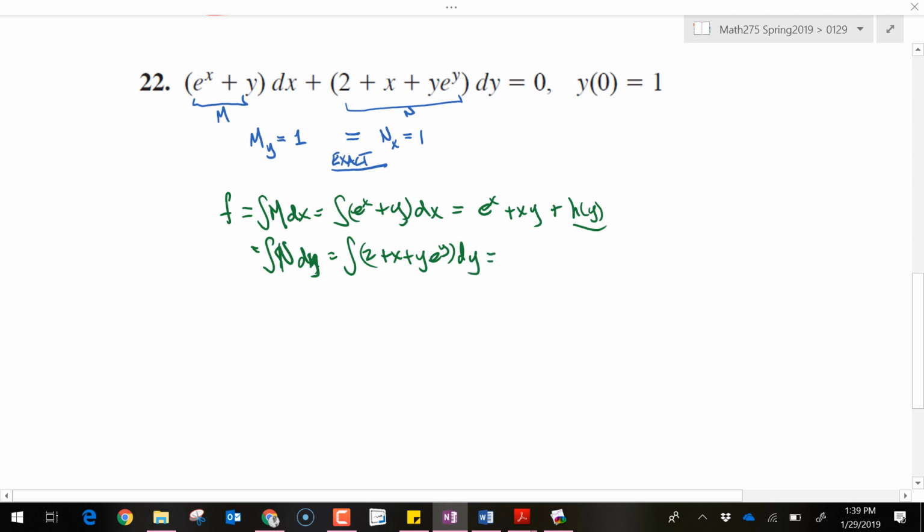So that's going to be 2y plus xy plus, we have to do integration by parts. Do the integration by parts in your head, you're going to get y e to the y minus e to the y.